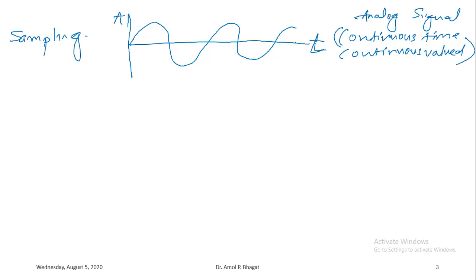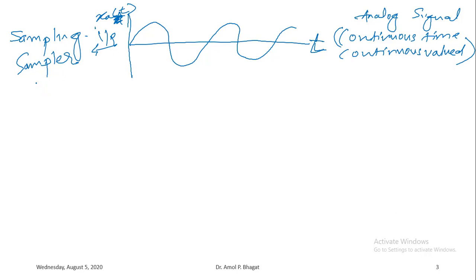This will be given to the sampler. So this signal, instead of calling it x of amplitude, I will say it as x of t, that is the analog signal. This analog signal will be given to the sampler as the input signal.